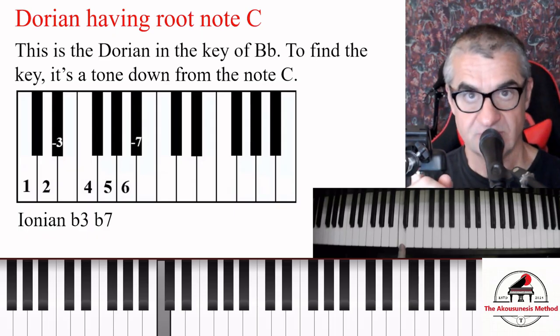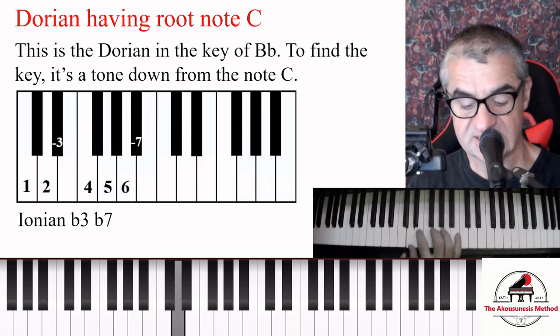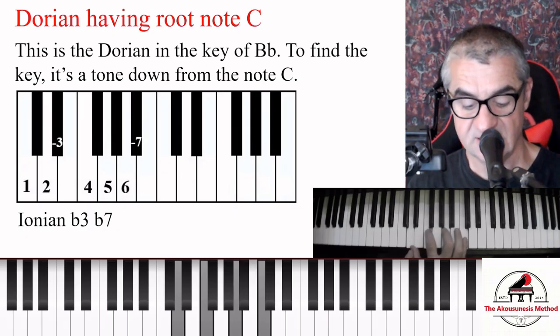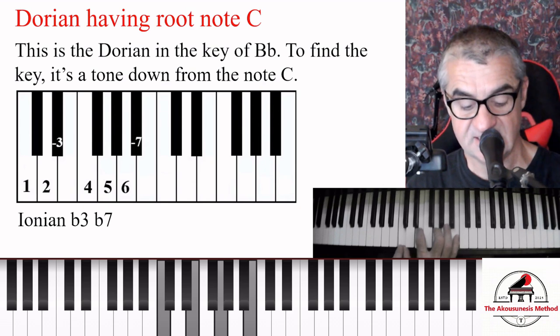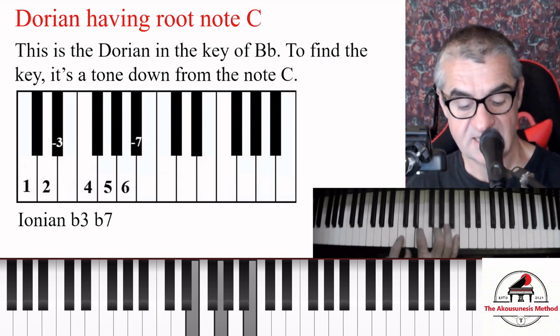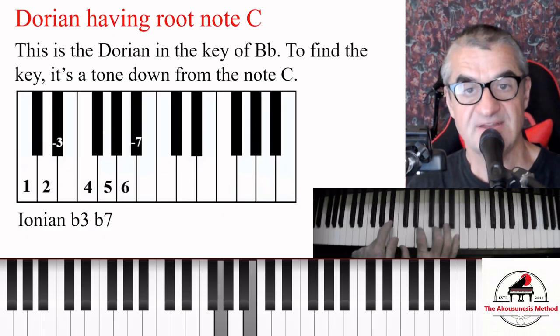What you do know is that a Dorian is just a tone up from the root. So if that's the Ionian and there's a Dorian in the key of C, and we want to find the key, we slide down a tone from C, and that is B flat. So B flat's the key.